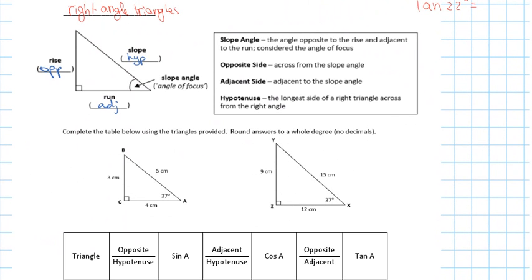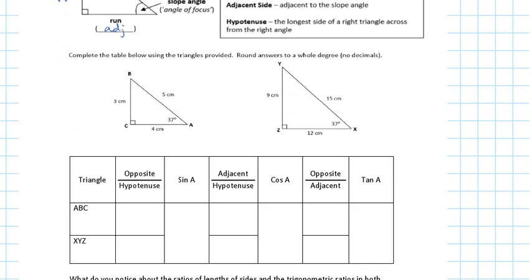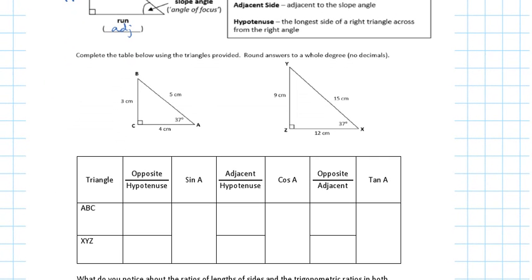Let's figure out what happens in the right angle triangle, and let's try to compare some triangles. So I have triangle ABC, and I have triangle XYZ.